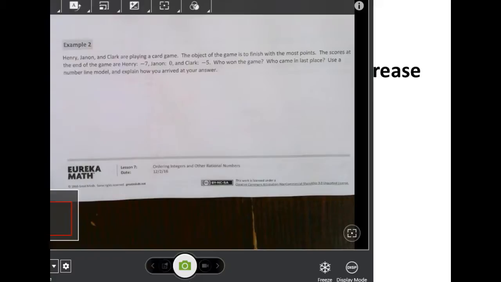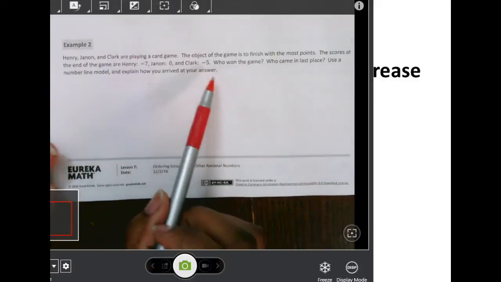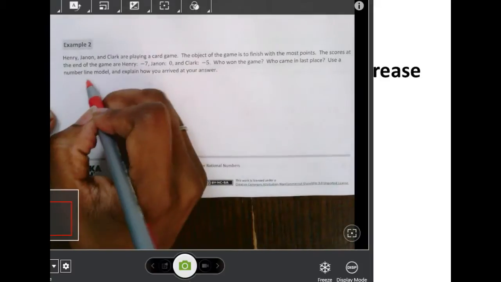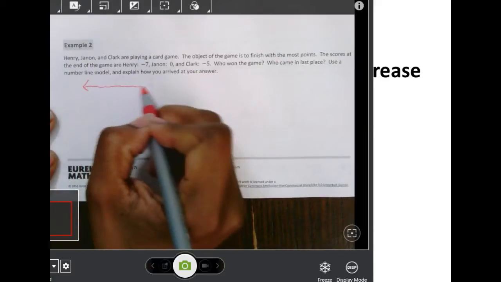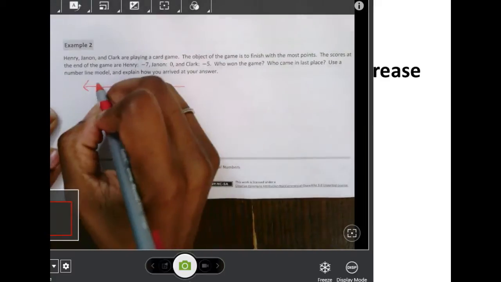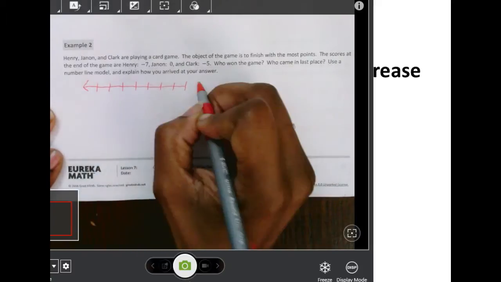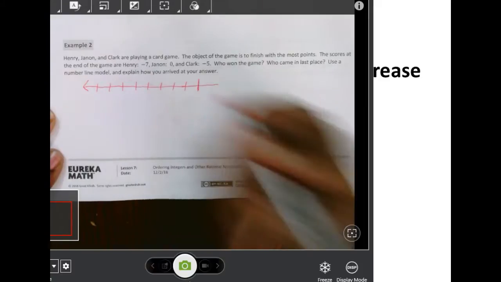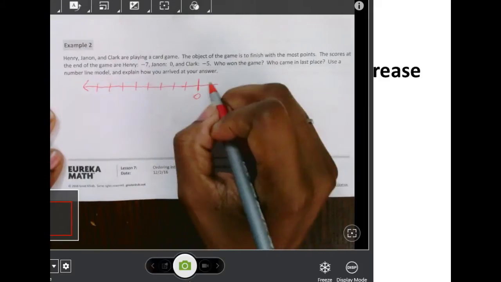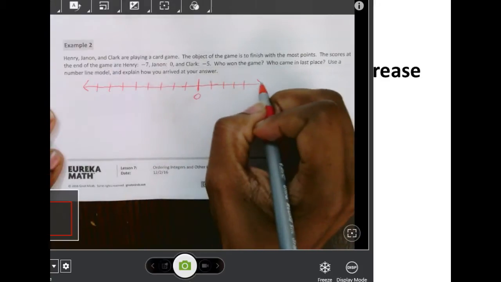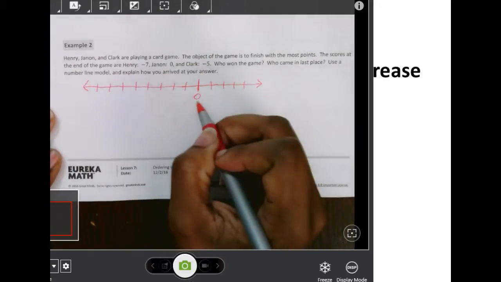So the first thing I want to do is create a number line, and because we have a -7, a 0, and a -5, we want to make sure the line is large enough to include those numbers. So I've included my 0 here, which is where I'll start.